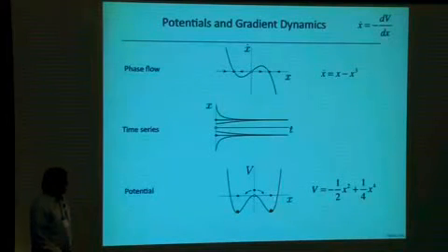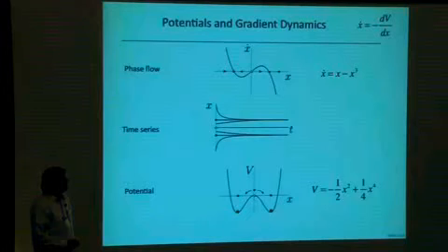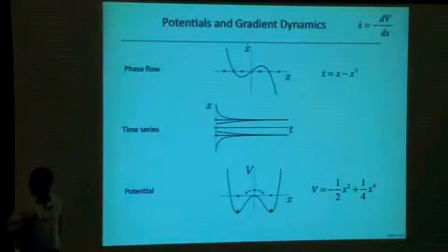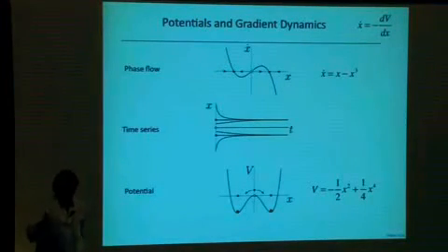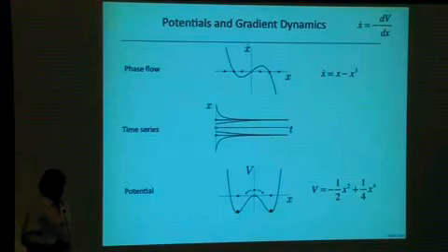Can we express this mathematically? And the answer is yes. If this is our nonlinear dynamic system with our nonlinear dynamic function, whenever I'm able to write this nonlinear function on the right-hand side as a gradient of a potential function V, then the system has a potential and can display only this type of dynamics.